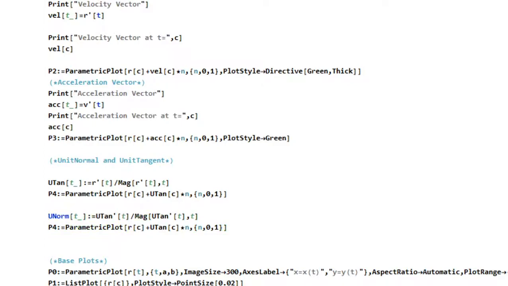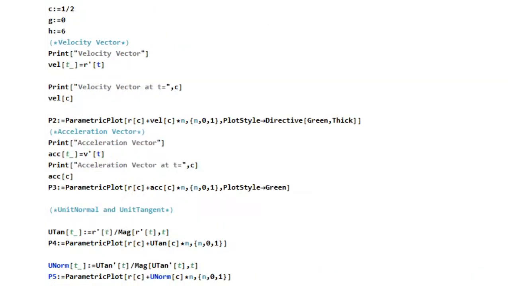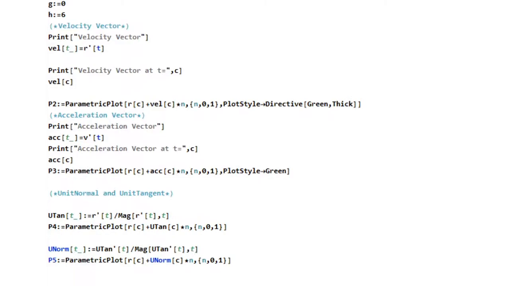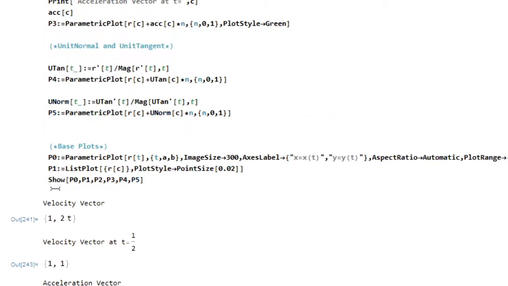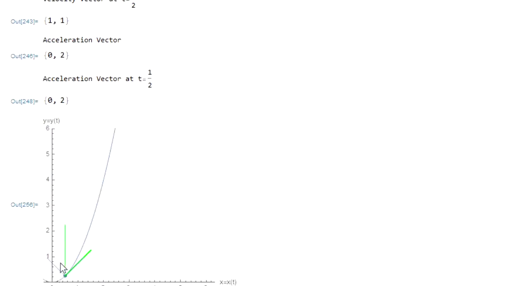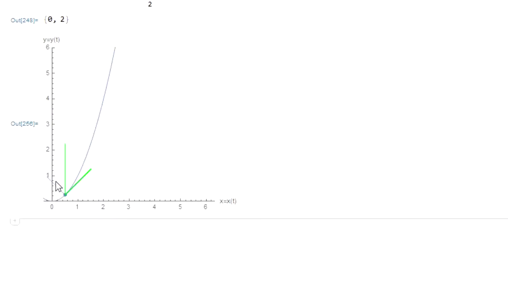And we got to make a new parametric plot here. So we'll make a parametric plot 5, and here we're going to use the unit normal in this. And we want to make sure this plots. Now this one, we shouldn't have a problem seeing it until our acceleration vector lies on top of it. There it is. There's our normal vector.